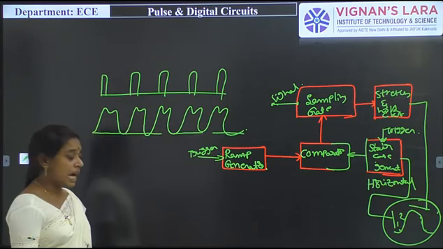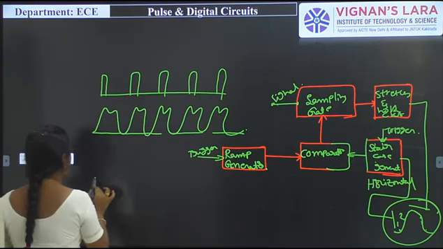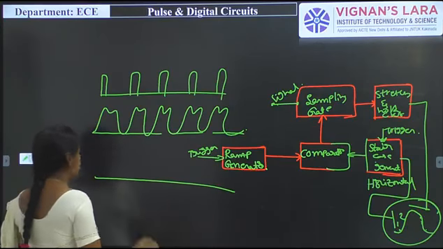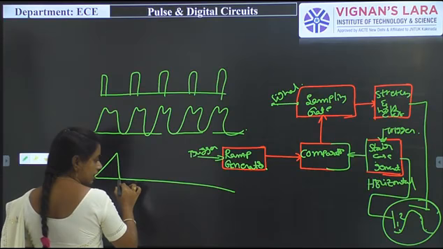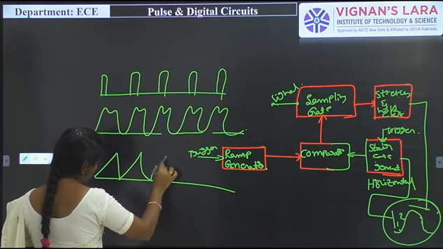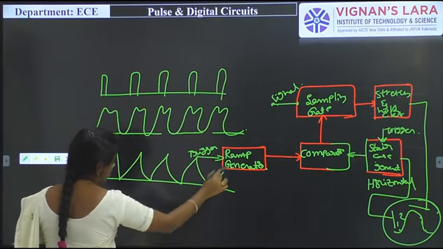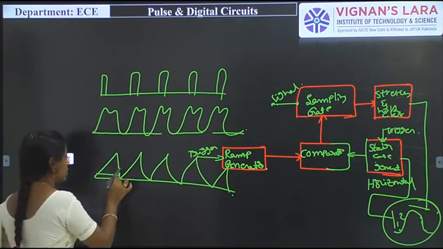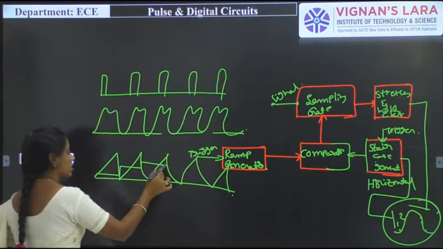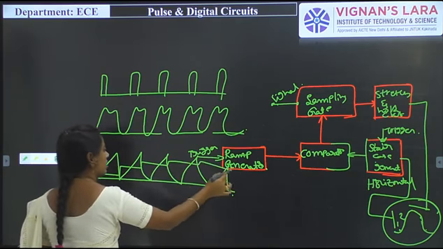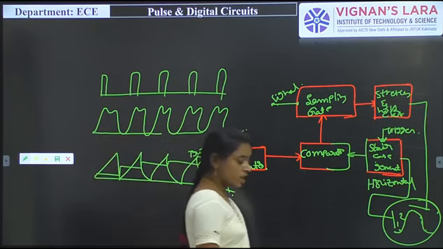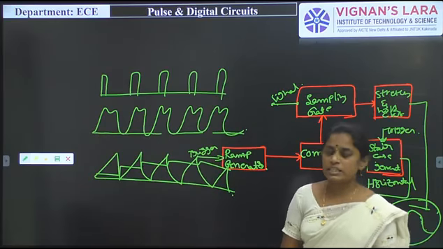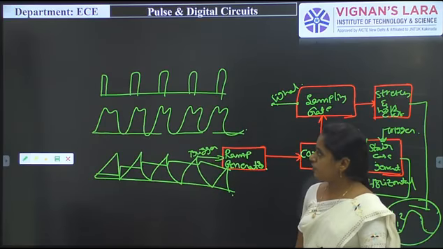Whatever input signal we give is given to the comparator. The comparator has two inputs: a ramp like this, and after that I am giving a staircase signal in this form. In this condition, let us check the output waveform.